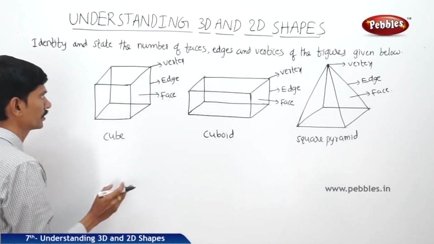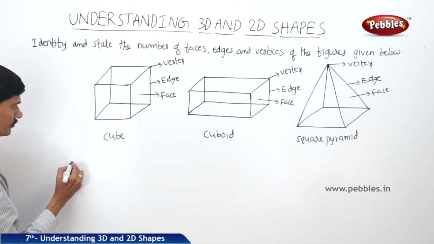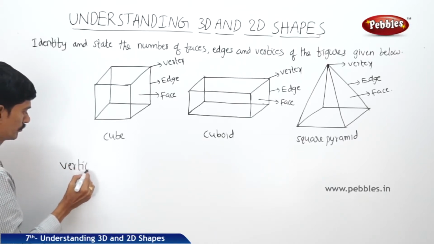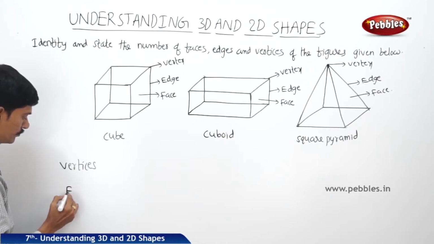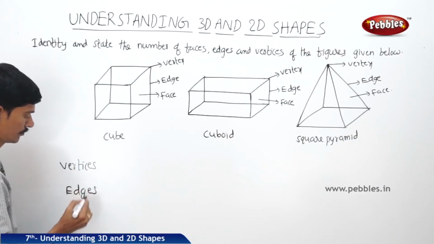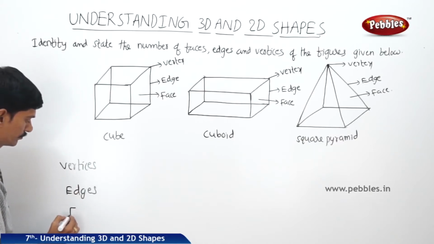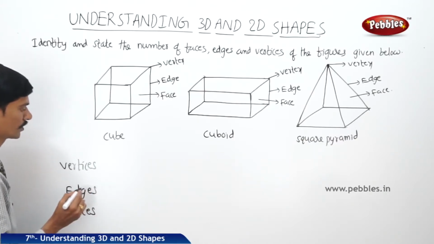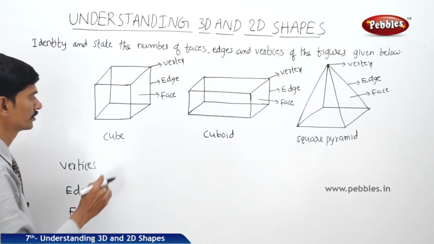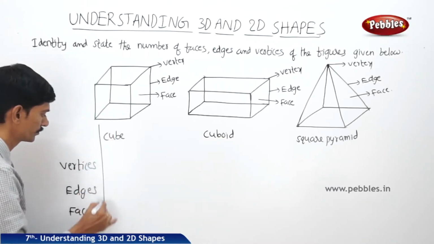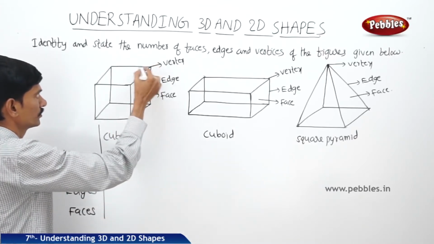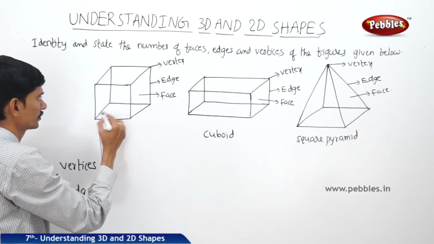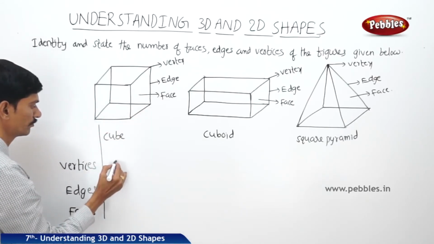Now if you find the number of vertices, and the number of edges, and the number of faces for each of the following solid shapes. So the first one, cube. Now there are 1, 2, 3, 4, 5, 6, 7, 8 vertices.